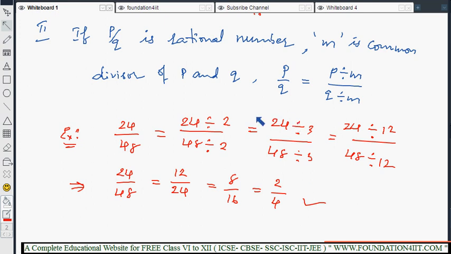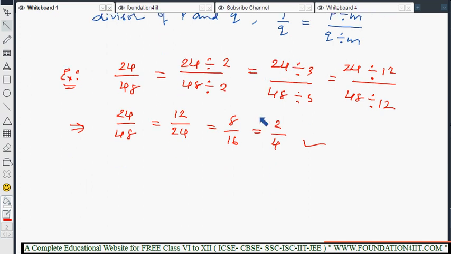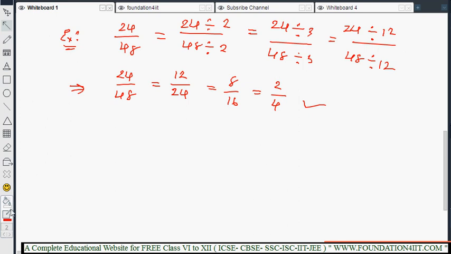One more property. Let's see the last property in this. So the third property: let a by b and c by d be two rational numbers. I'm taking two now.